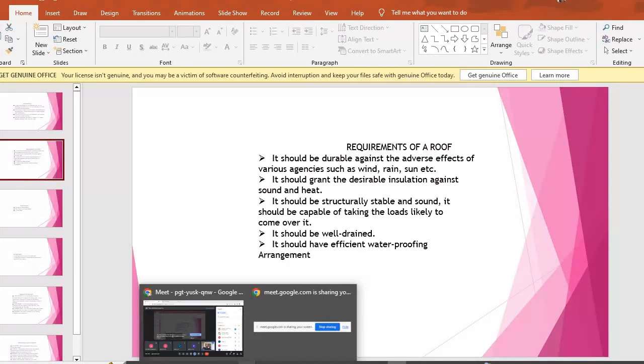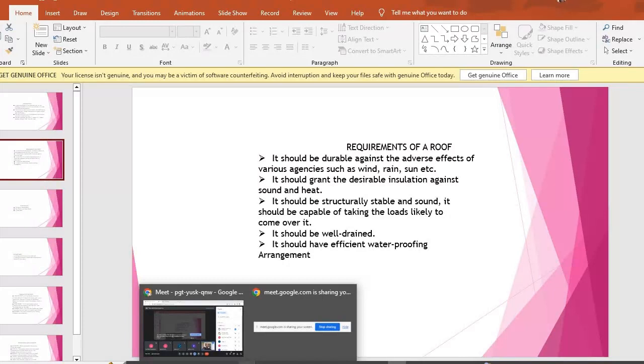It should also grant desirable insulation against sound or heat, that is, a roof should be designed in such a way that there is expansion, because the wind and the heat may cause the roof to collapse. So that's why there are joints between them.